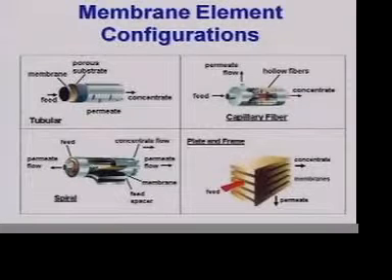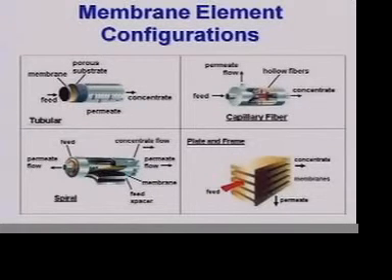And the issue is, once you have selected the membrane technology you want to use, now you have to package the membrane into a reasonable device or element, as it is called in the industry. And those of you who are familiar with membrane technology are probably most familiar with spiral wound membranes.